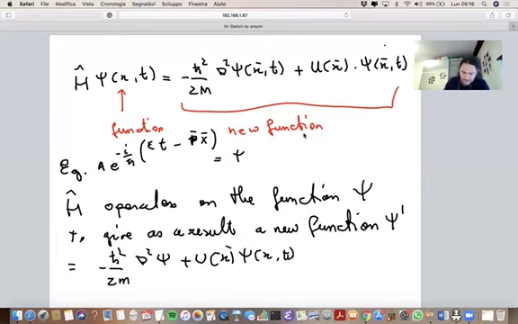We'll see many examples of this. But since h is something that operates on a function to give me another function, it is called an operator. Actually, it's called the Hamiltonian operator. Okay.